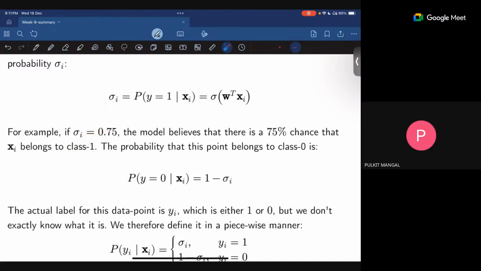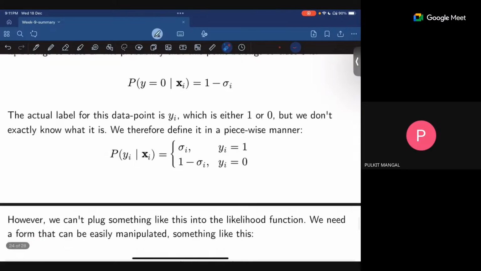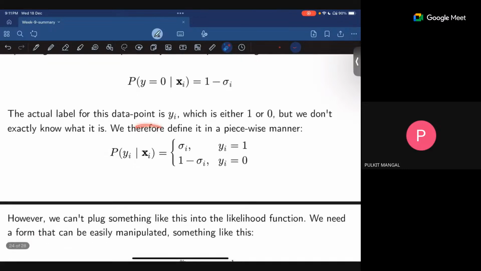The probability that it belongs to class 0 is 1 minus sigma i, that is 0.25. The actual label for the data point is y, which is 1 or 0. The predicted label is given by sigma i: if sigma i is greater than some threshold, we predict 1, else we predict 0.